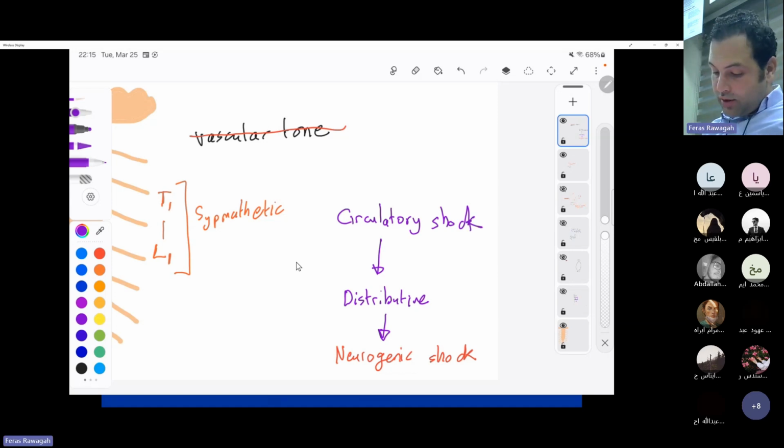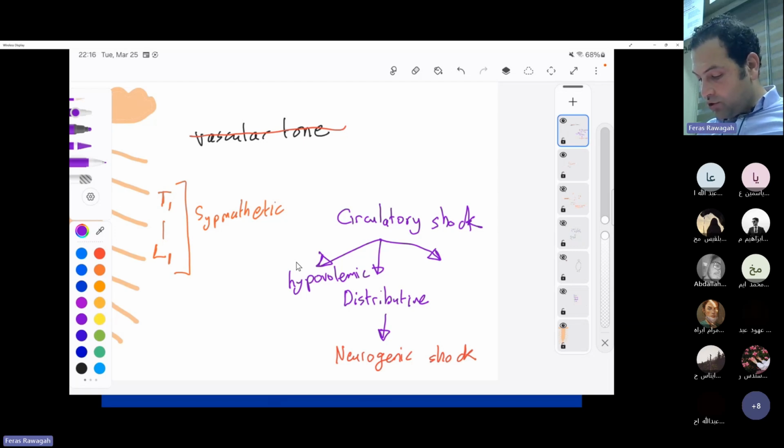Actually, circulatory shock can be divided into distributive, hypovolemic, cardiogenic, and obstructive.